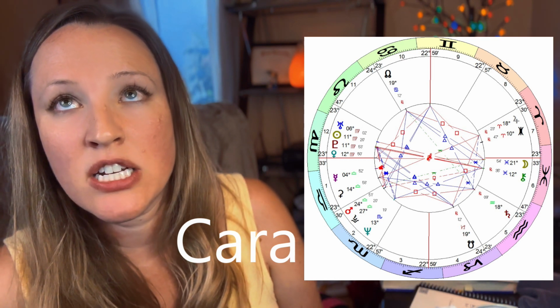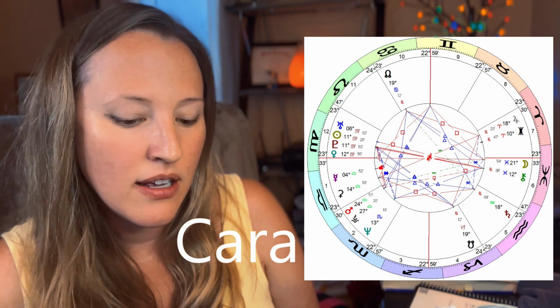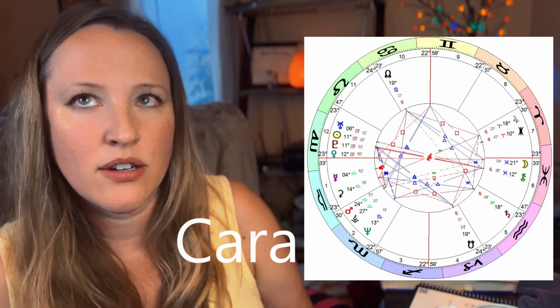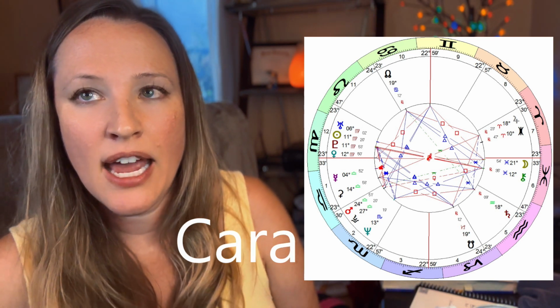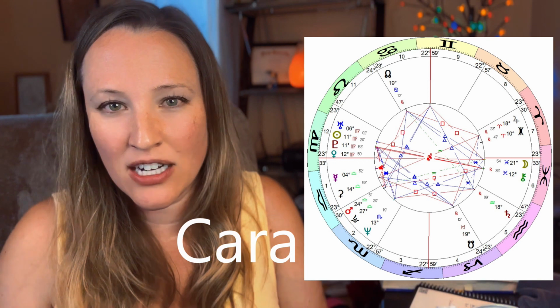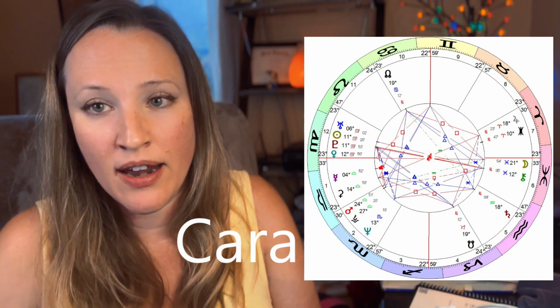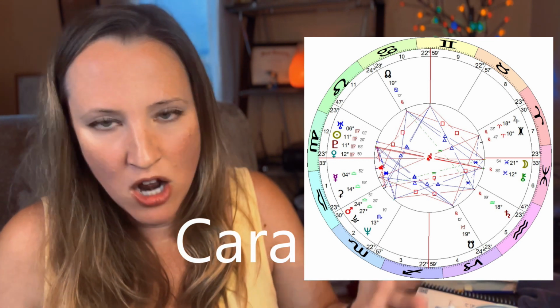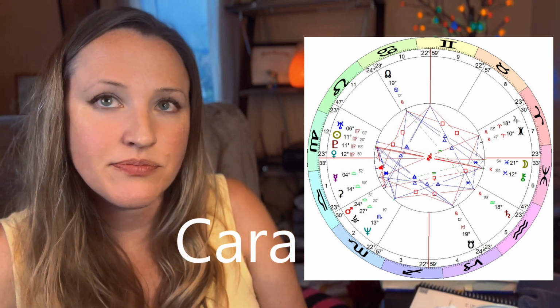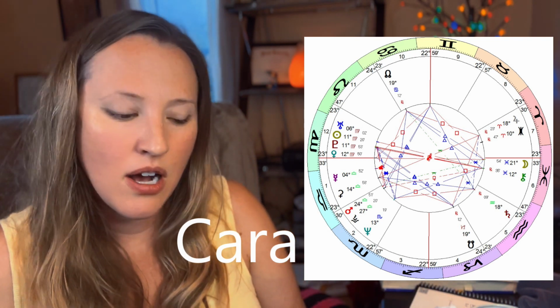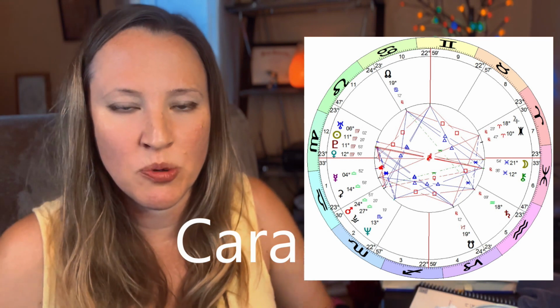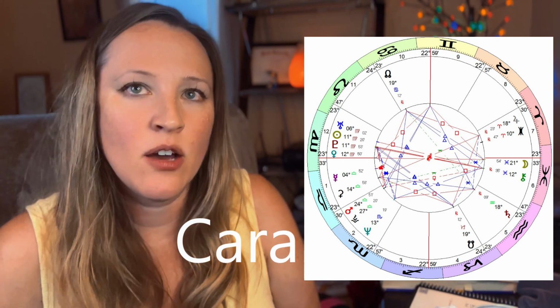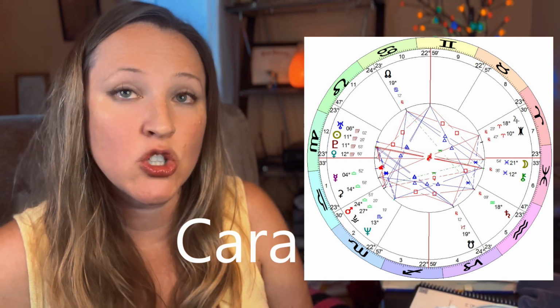And the midheaven at 22 degrees of Gemini is also connected to work and career path. And when you have a Saturn-Mars connection like this, in a trine, which is around a 120 degree angle to each other, that helps to provide the focus that one needs in order to reach goals.